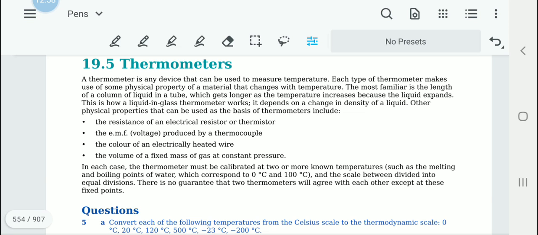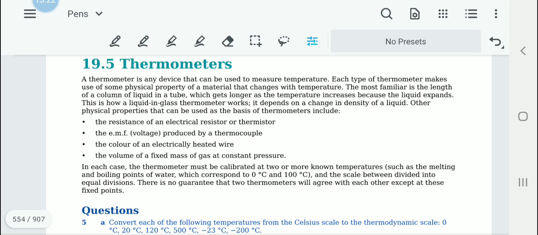Example number 1, expansion of liquid in a glass thermometer. Number 2, the resistance of an electrical resistor or thermistor.